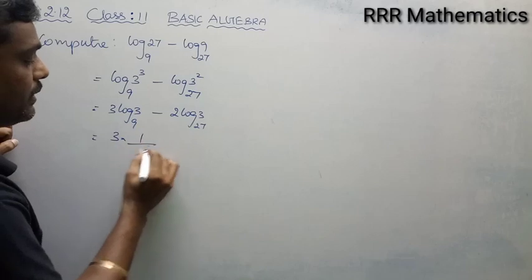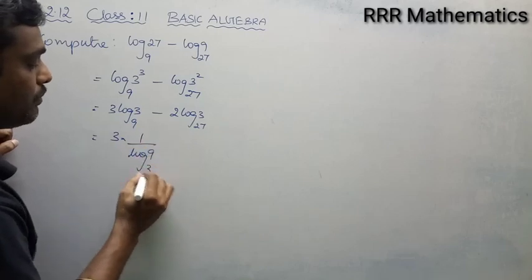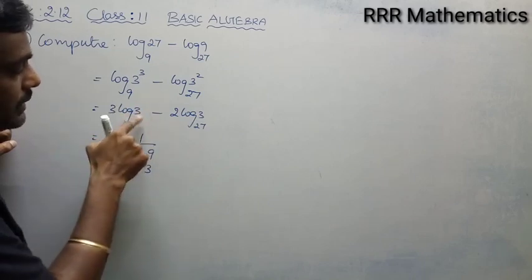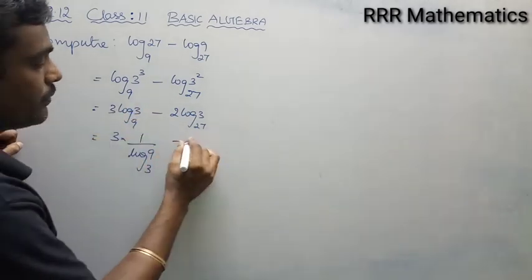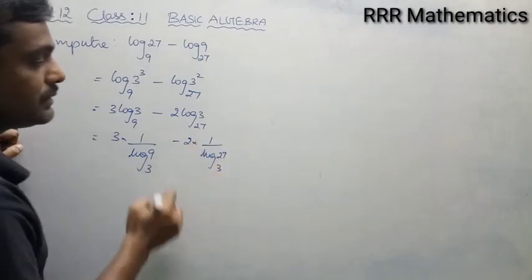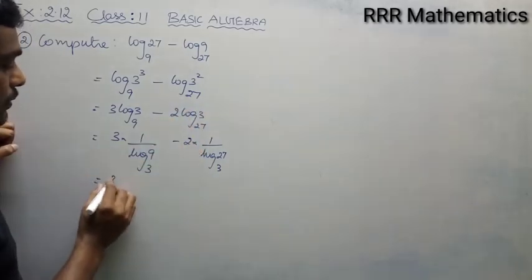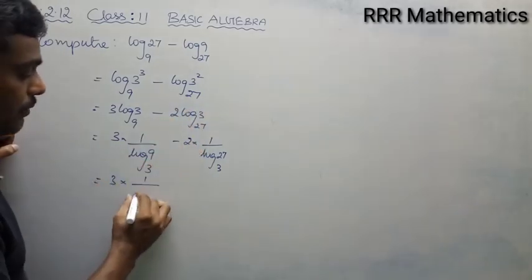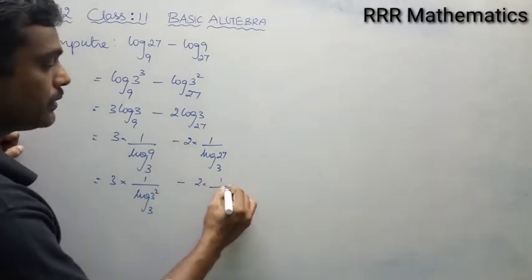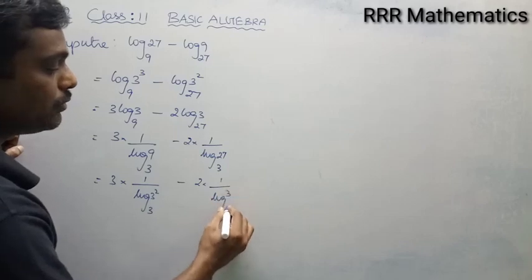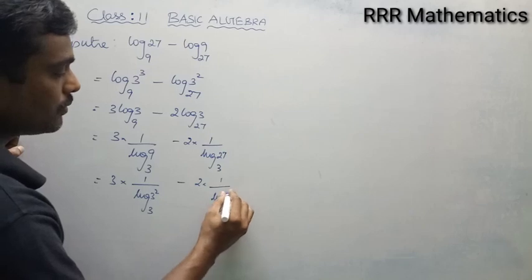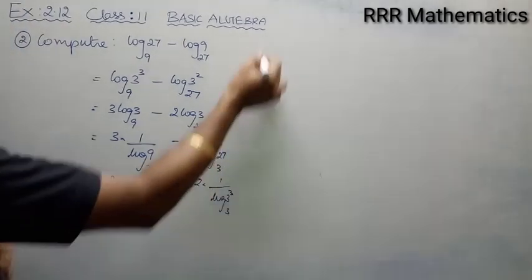Log 3 base 9: when you take a reciprocal for log, the value and base are interchanged, so log 9 base 3. Similarly here, when you take a reciprocal, log 27 base 3. Now, what is log 9? 3 square base 3. Here 27 is 3 cube base 3. Got it?